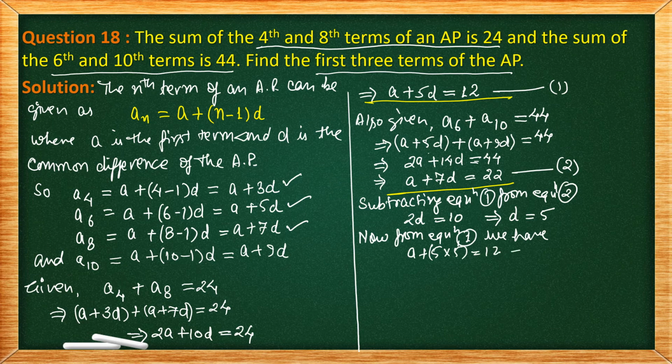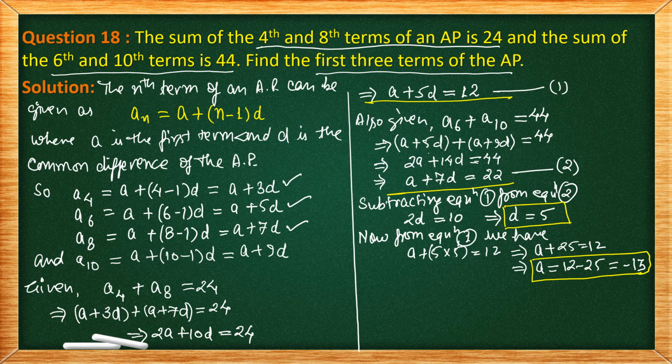This implies that a plus 25 is equal to 12, which implies that a is equal to 12 minus 25. This is equal to minus 13. Now we have the value of the common difference d and the first term as minus 13.